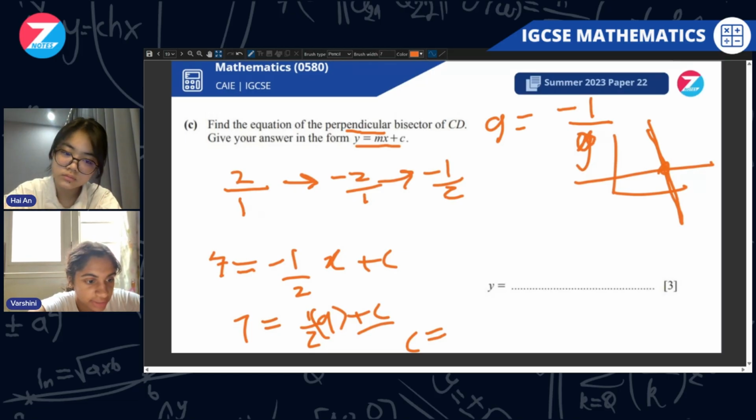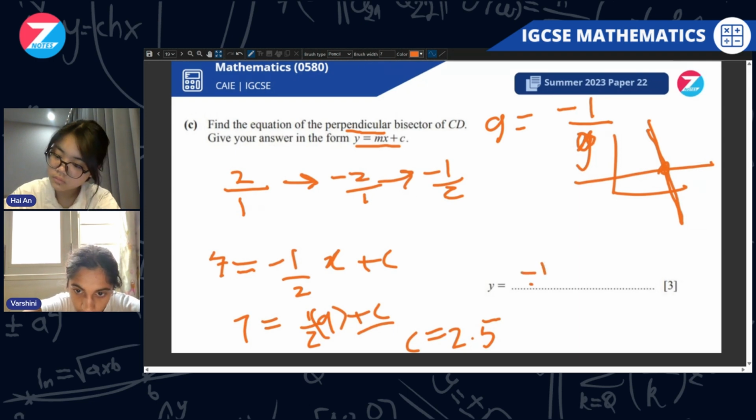And if you put that in your calculator, you should get 2.5. So now we have the value of c, and we don't need the value of x or y, because those are just variables. So now we can write our equation in terms of y, m, x, and c. So y equals, we know m is the gradient, so it's going to be minus 1 by 2 x plus, and c we got to be 2.5.